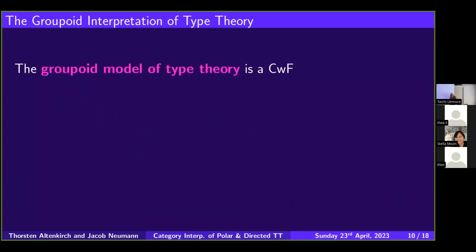But the point I want to get to is that the groupoid model, going back to Hofmann and Streicher, is defined as a CWF. If you go through the paper, they actually go through the steps of defining every bit of this CWF. In particular, the reason it's called the groupoid model is because the category of contexts is the category of groupoids.